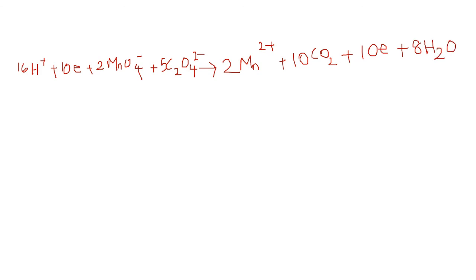So, as basic rules of mathematics, we can cancel off equal terms on both sides. So 10 electrons will be cancelled off with 10 electrons. And then this would be the final balanced equation.